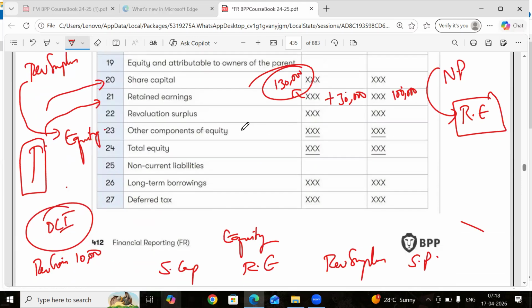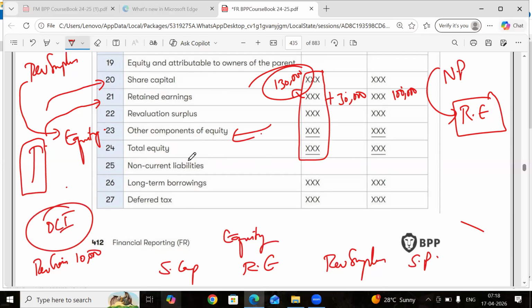Other components of equity: we have seen premium, etc. Then it becomes total equity, or the total of all the amounts shown in the equity section or capital.